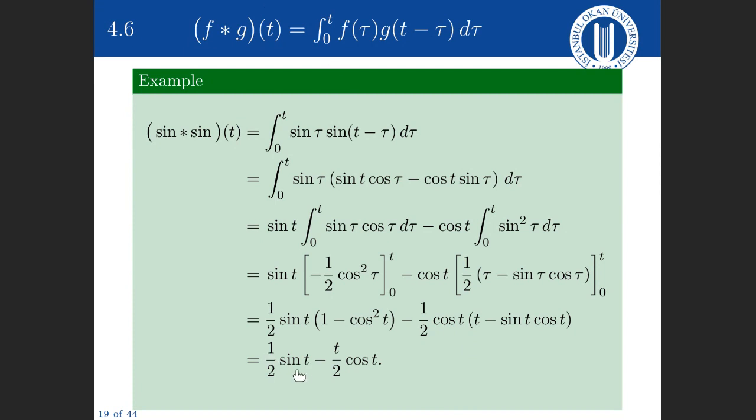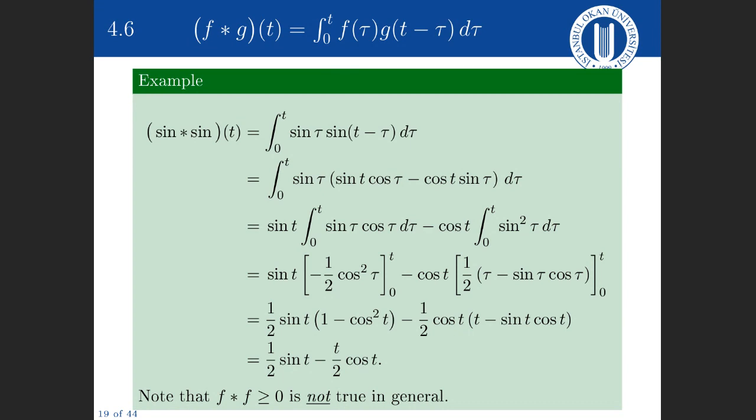Now, sine t is a function which is sometimes positive, sometimes negative. Cos t is a function which is sometimes positive, sometimes negative. This whole function is sometimes positive and sometimes negative. Don't fall into the trap of thinking that f convoluted with f is always positive. This is not a function squared, it's a way of combining two functions.